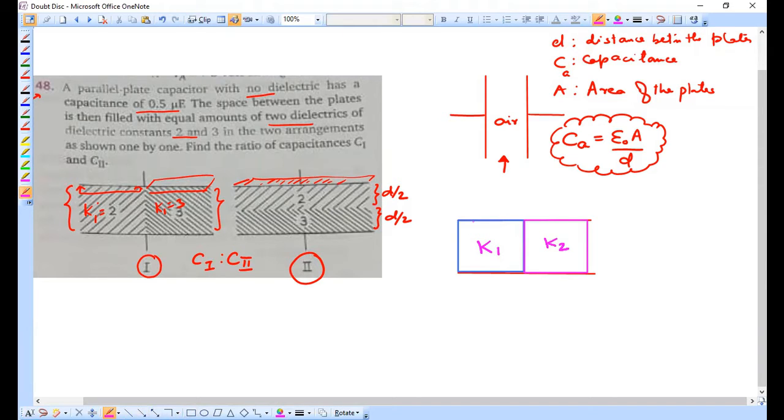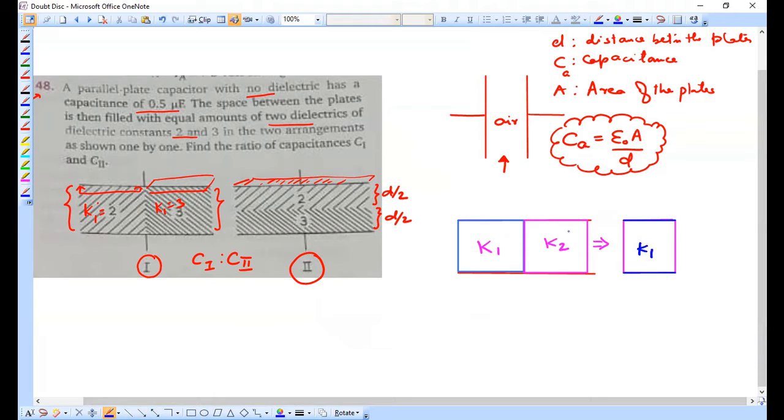So you can visualize this combination of capacitor as, I'm redrawing this figure. So this is one capacitance, having the space completely filled with dielectric K1.